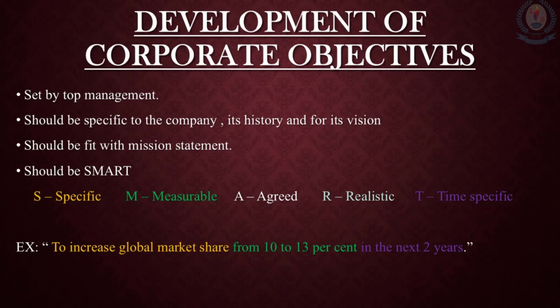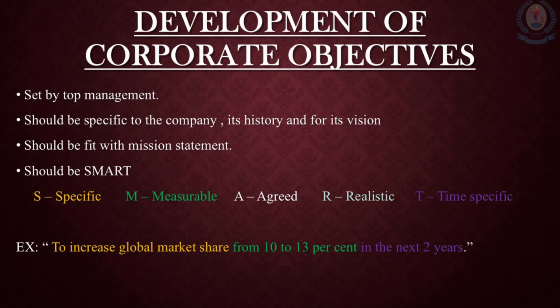Read the corporate objective again, as an example: to increase global market share from 10 to 13% in the next 2 years. In the next 2 years. So it is time bounded. They have clearly shown the period in which they are going to achieve this objective.